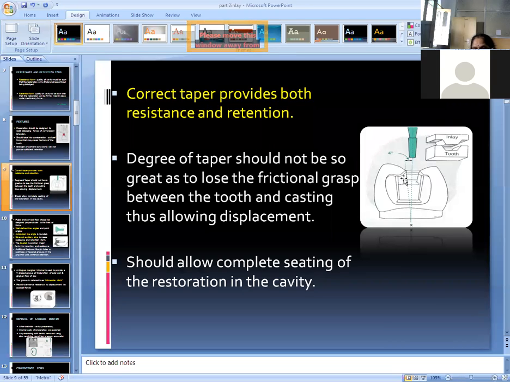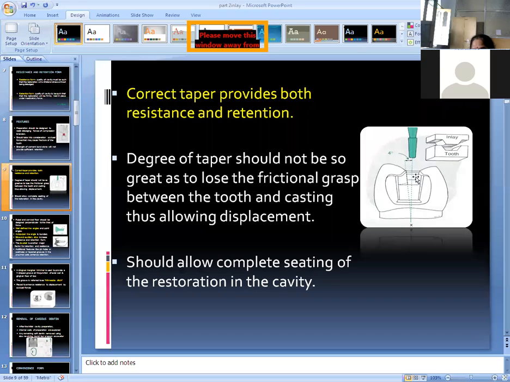The taper should not be too much. If the cavity is shallow and you are giving an 8 degree taper, then definitely your restoration is going to dislodge and displace, because there will be no frictional grasp between the restoration and tooth.